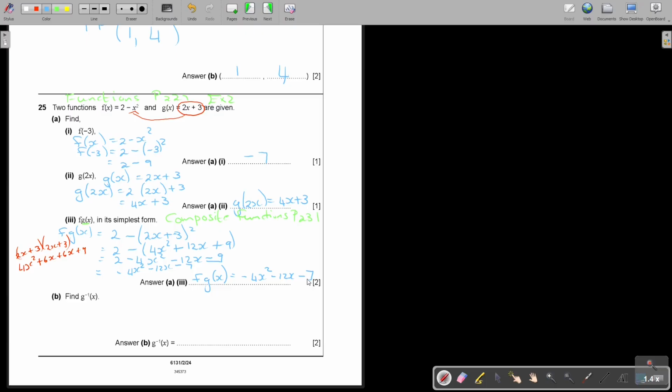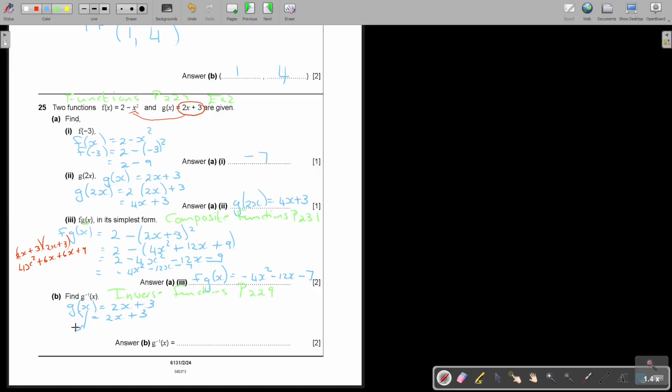And then the inverse function, so you can find that inverse functions on page 229. And then I'm just saying I make it a y, so it's actually first take g(x), and then make it a y, and then you swap.